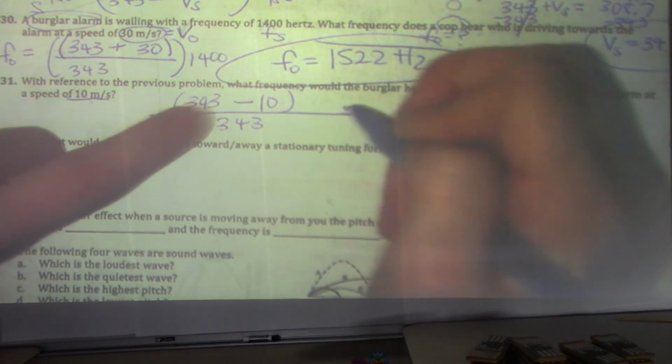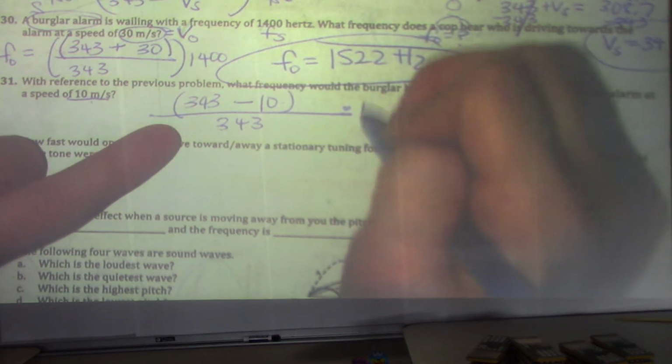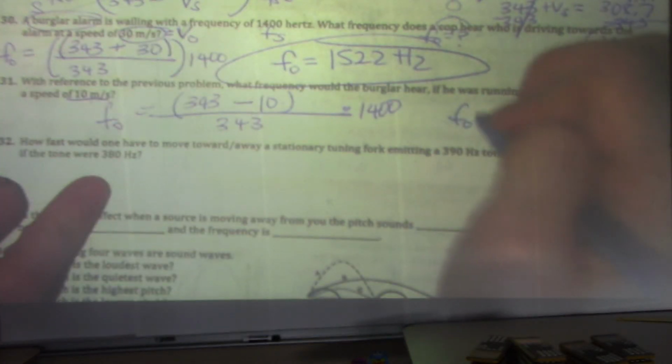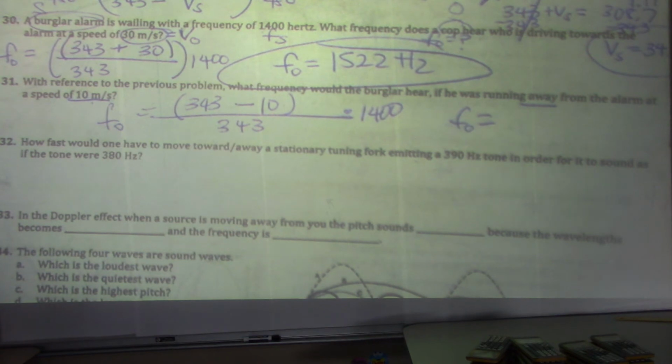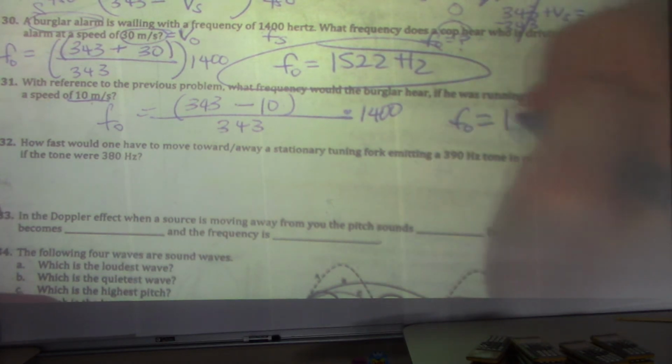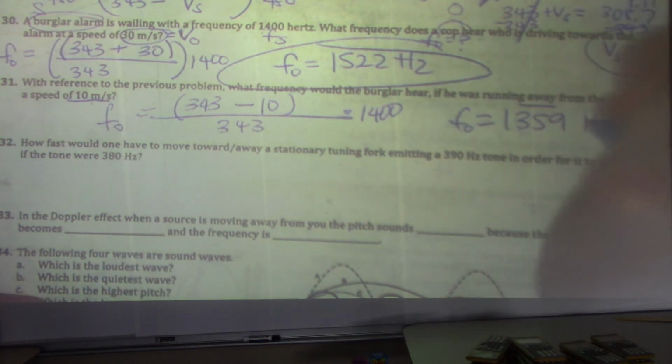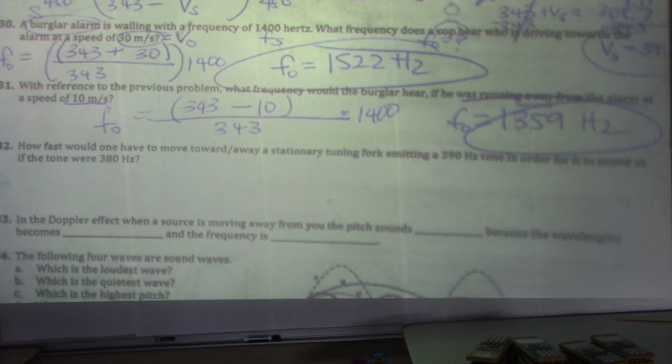I need to be careful with parentheses around whatever's being added or subtracted, not necessarily what's on top. A quick check: it should be lower than normal because it is going away, and I got 1359 hertz, so that checks out.